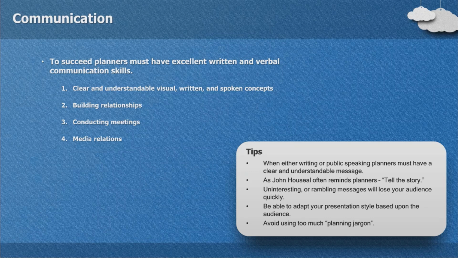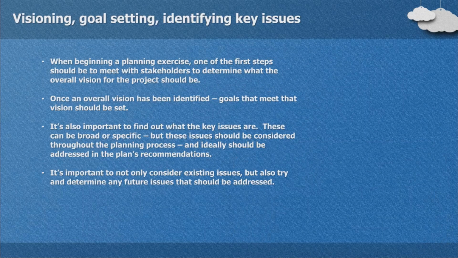It's my indication that they don't really know what they're talking about. They don't have the ability to make one concise statement and stand with it. So avoid planning jargon and be able to read, write, and present well. Visioning, goal setting, identifying key issues.